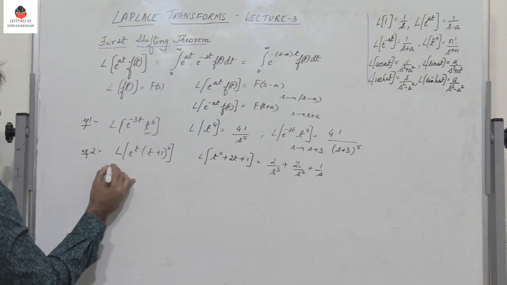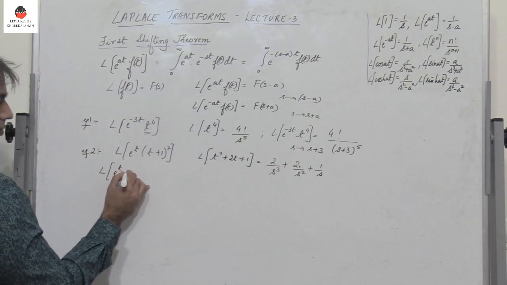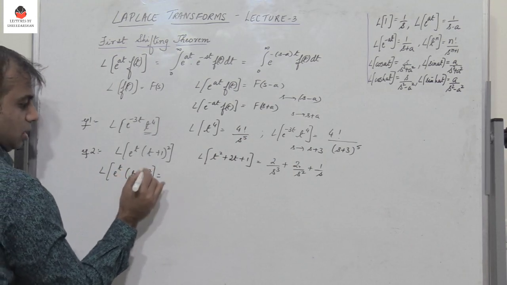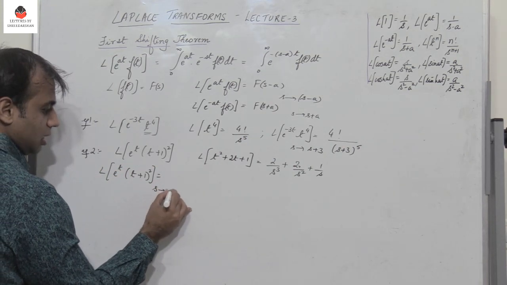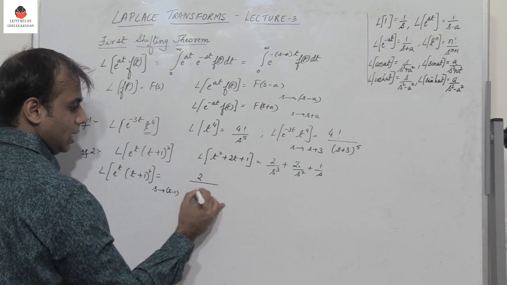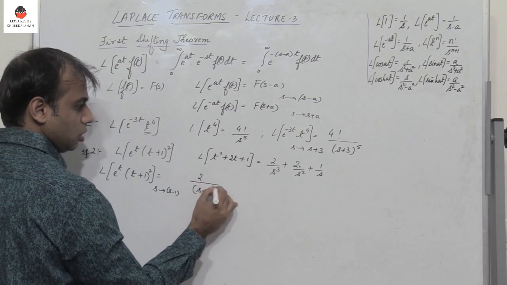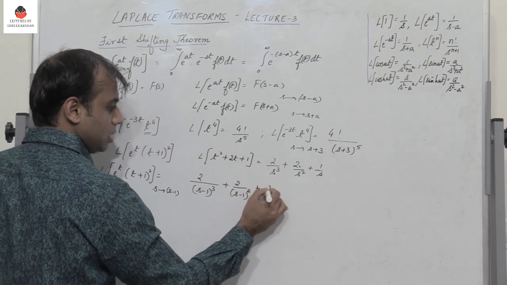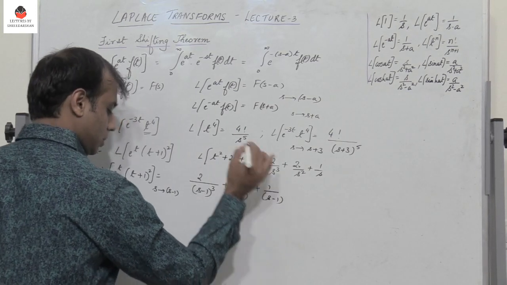So now Laplace transform of e power t into t plus 1 the whole square is, wherever s is there, replace it by s minus 1. So it is nothing but 2 by s minus 1 the whole cube plus 2 by s minus 1 the whole square plus 1 by s minus 1.